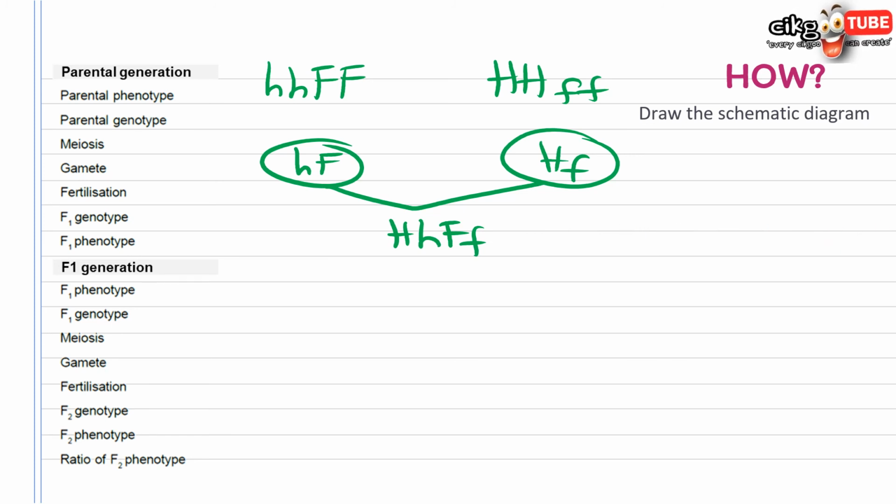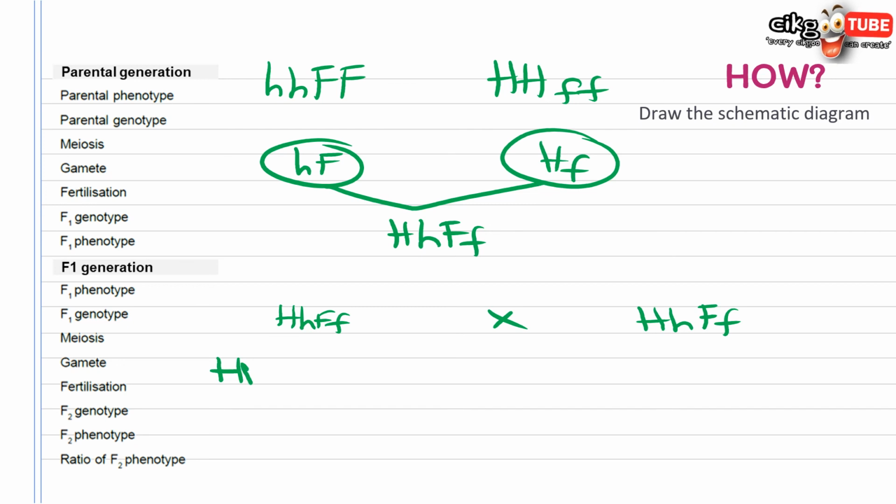Now from here we want to cross. Phenotype is the same. So genotype is here HhFf. We cross pollinate them again, HhFf with HhFf. So the gametes we are going to have here are 4 different gametes, sorted independently.